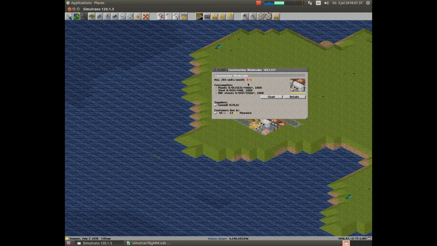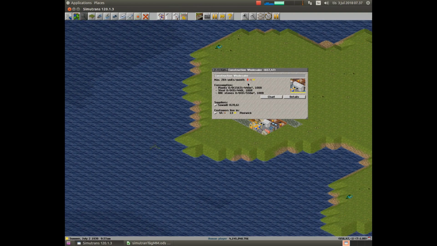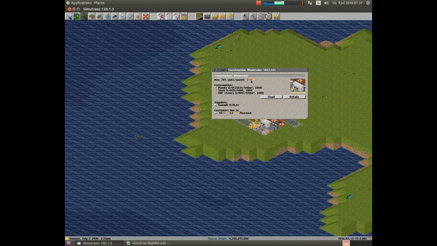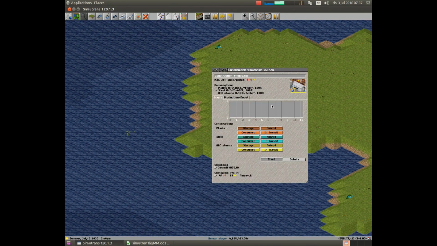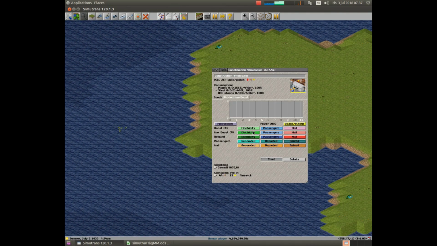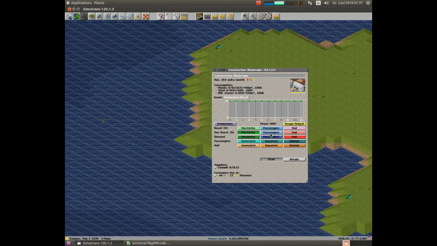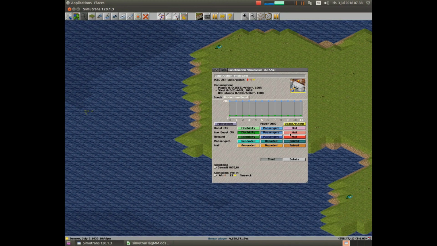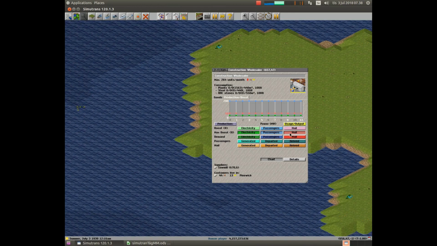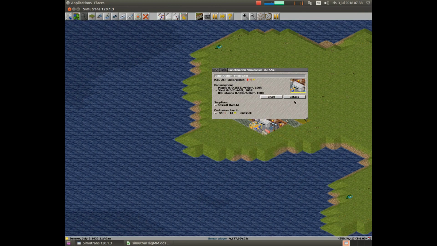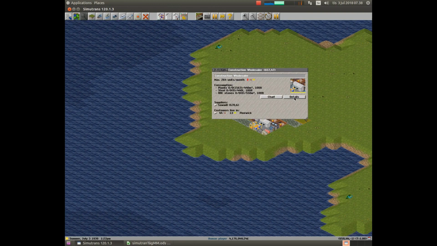So this construction warehouse is boosted by electricity, passengers and mail. So 25% for electricity, 200% for passengers and 50% for mail. We have also something called detail.